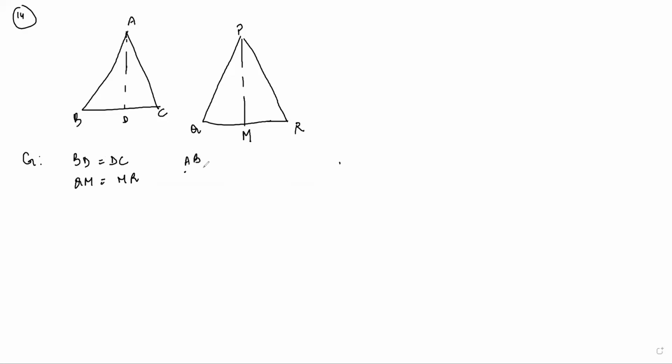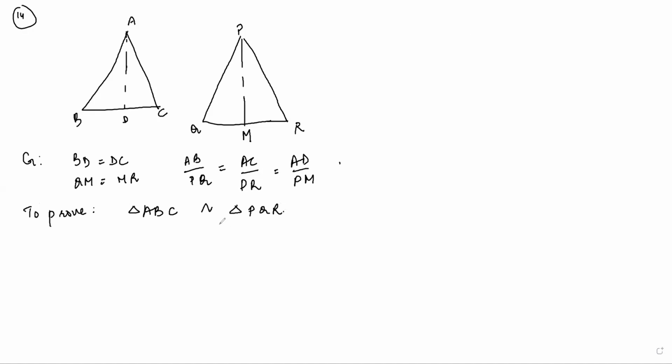So AB upon PQ is equal to AC upon PR, and equal to median AD upon PM. This is given. Now you have to prove that triangle ABC, the complete triangle, is similar to triangle PQR.